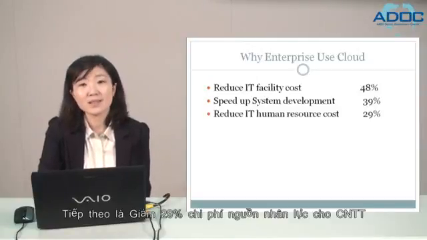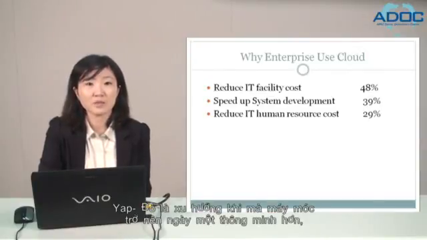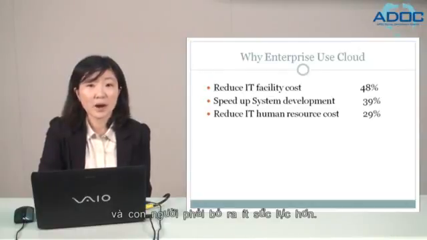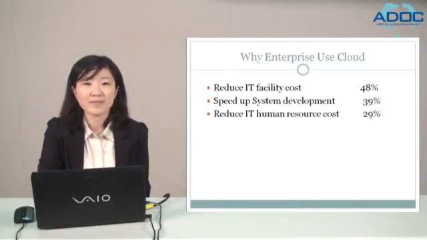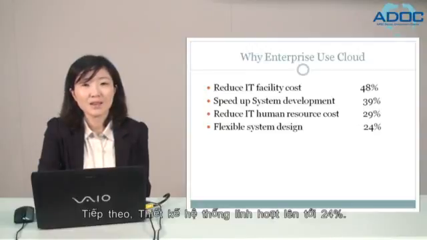The next one is 29%. Reduce IT human resource cost. Yeah, that's the trend. As machines become smarter and smarter, it requires less human resource. The next one, 24%, is flexible system design.